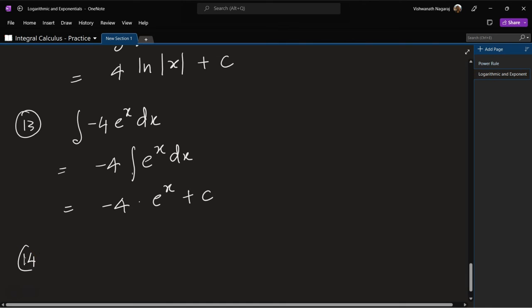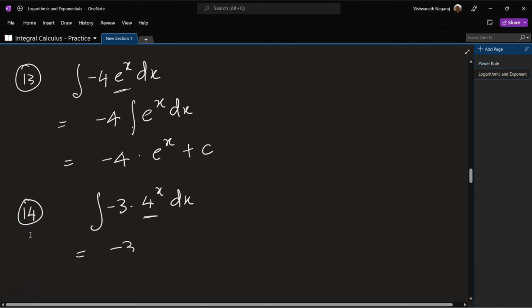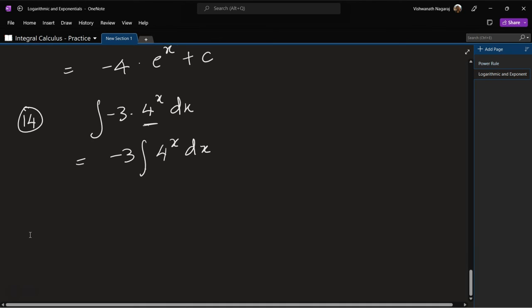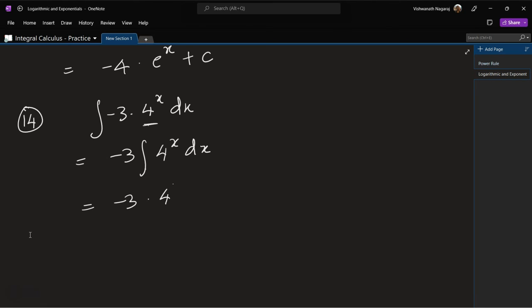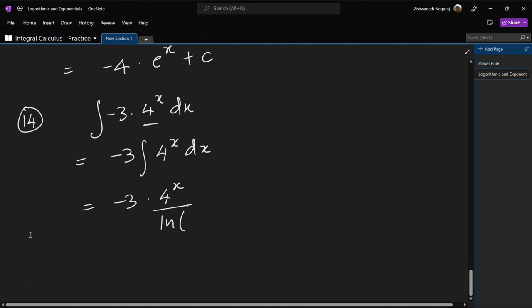Okay, 14th one. Integral of minus 3 times 4 to the power of x dx. Okay, so minus 3 we can take it out, 4 to the power of x dx, and we have seen minus 3 times, this will be what? 4 to the power of x as it is, and in the denominator natural log of 4 plus c.